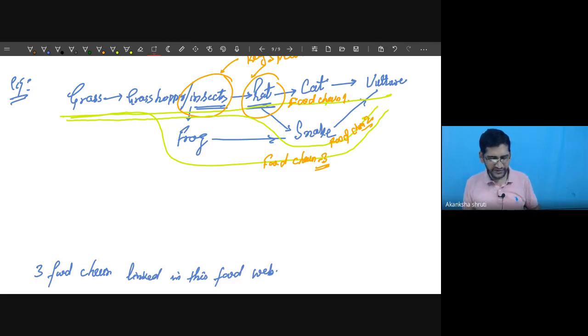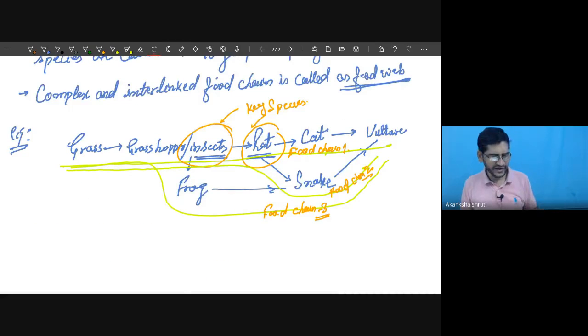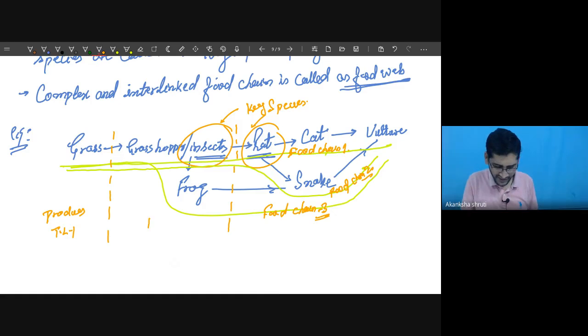Again, this food web can be, I mean, different concepts for the food chain can also be applied here. Like we may write this part as the producer, or trophic level 1, this part as primary consumer, trophic level 2, this part as tertiary.